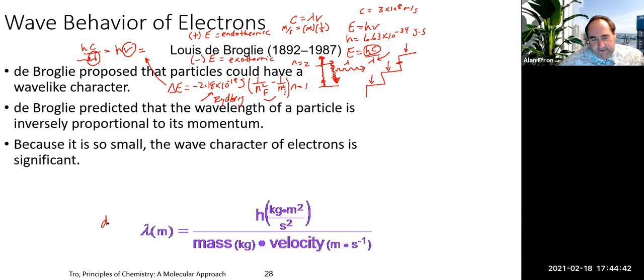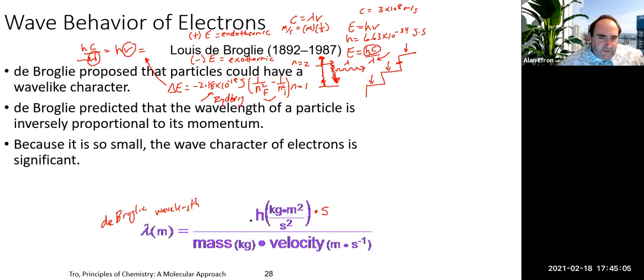It's sometimes referred to as the deBroglie wavelength. And it is missing something right here. It should have an S, seconds. So there's a seconds missing, so you might want to put it onto your notes as well.